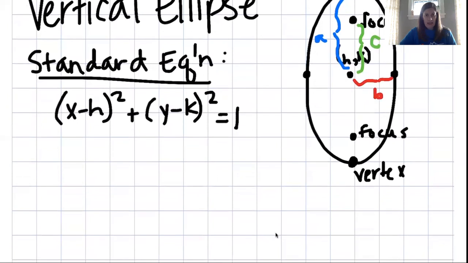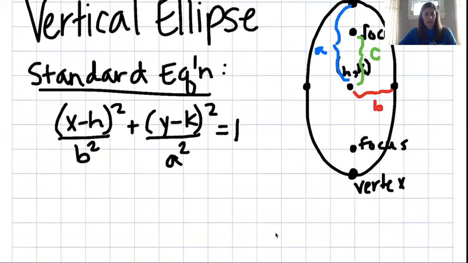Otherwise, it's not in standard form. And these are both going to be numerators to some fraction here. And the big difference from the previous video to this video, horizontal versus vertical ellipse, is your a squared and your b squared. So previously, a squared was underneath the x minus h. Now your a squared is under y minus k, and b squared is under x minus h quantity squared.